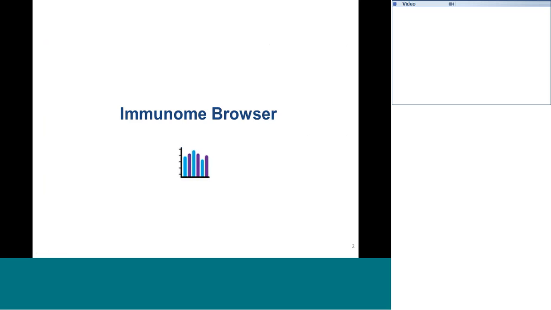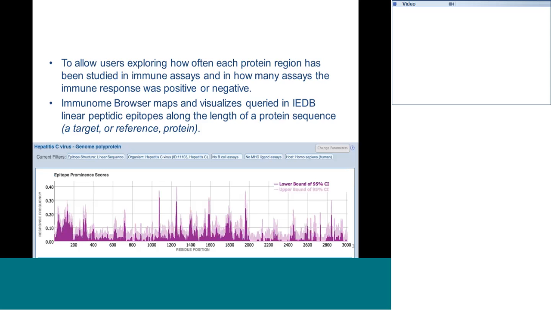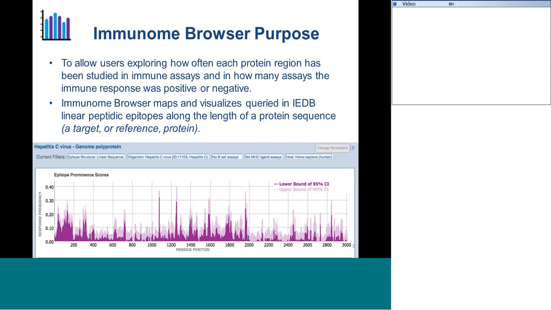Good morning, everyone. My name is Julia, and I will be talking about Immunome Browser. The purpose of this tool is to allow users to explore how often each protein region has been studied in immune assays and in how many assays the immune response was positive or negative. So basically, I reiterate what Eddie just told you.